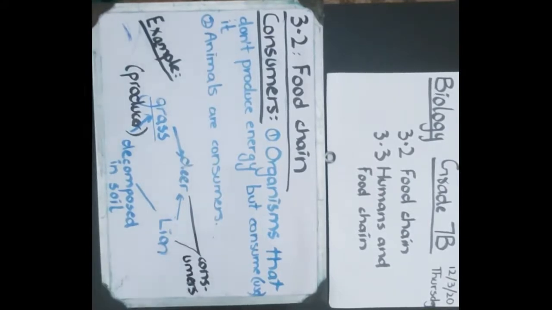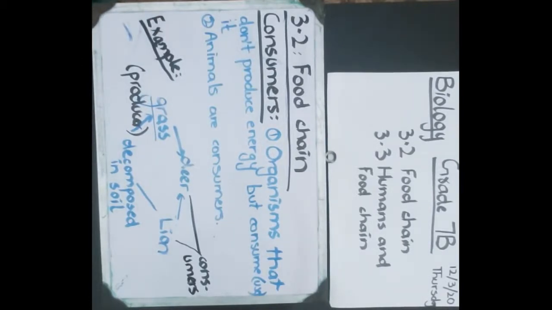Consumers, because they are consuming energy. They are using energy. If we summarize, the organisms that don't produce energy but consume or use the energy are called consumers. Number 2, animals are consumers.